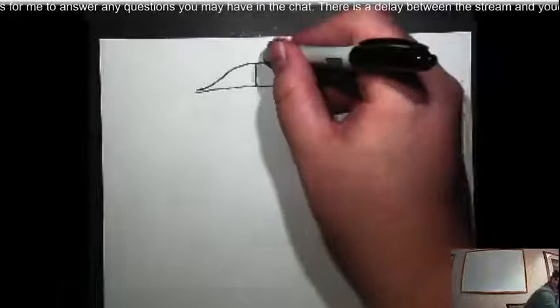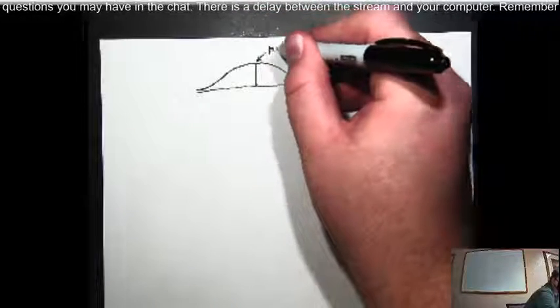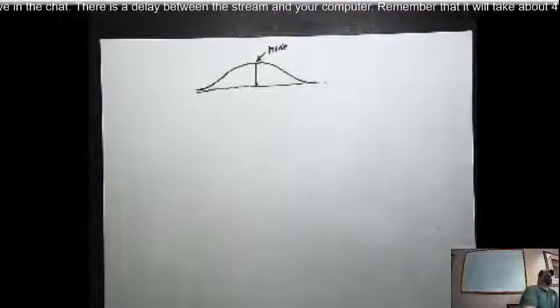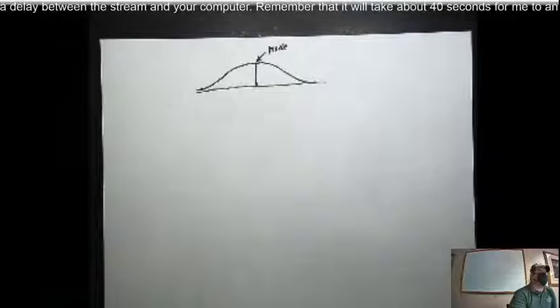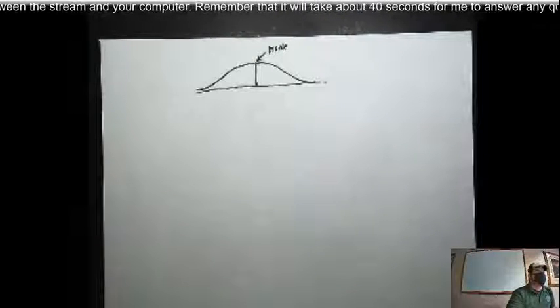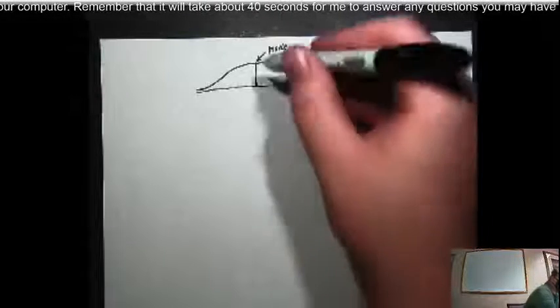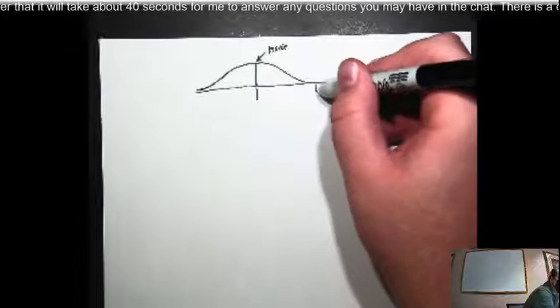And of course, we would call that the mode. It's the data point that happens the most. Now, since this is normally distributed, so a nice symmetrical curve, that mode happens in the middle. Well, this also splits the data into two equal parts.